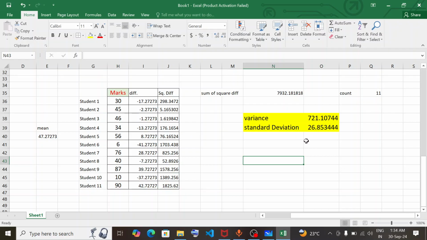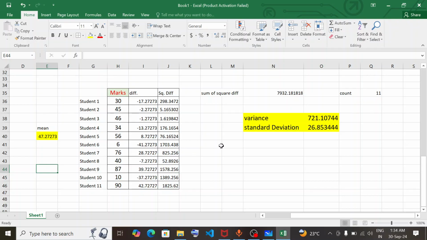Okay, now from this value we can say the average spread of each and every data point from the mean is approximately 26, and the mean is 47. So most of your marks will lie between 47 plus 26 or 47 minus 26. Okay, these are approximate numbers.